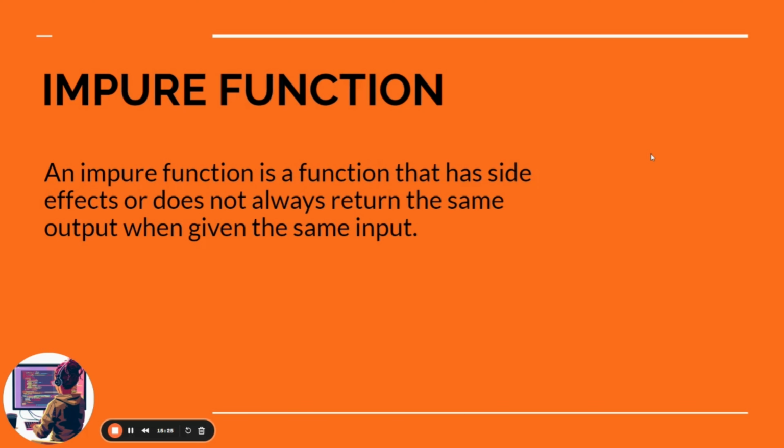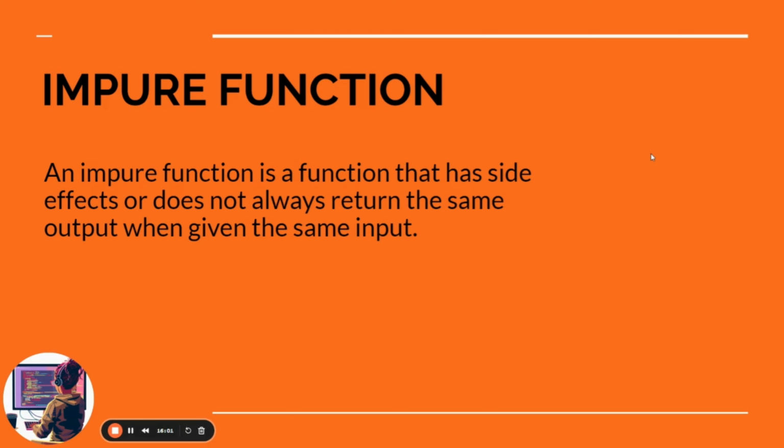Coming to the impure function, it is always expected that it will have some kind of side effect, because it will always interact with some variables or log or anything of the outside world, right? Where the problem arises is if we have written a function and we are considering it as pure, but it is still producing a side effect, so it means that a side effect was not expected there.